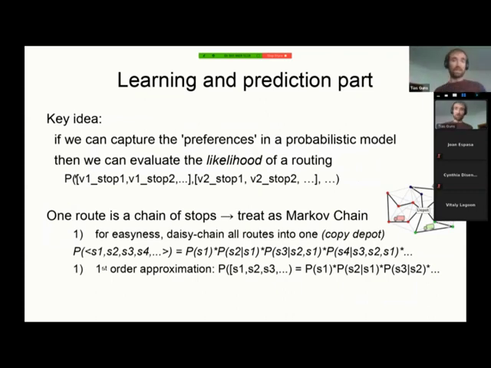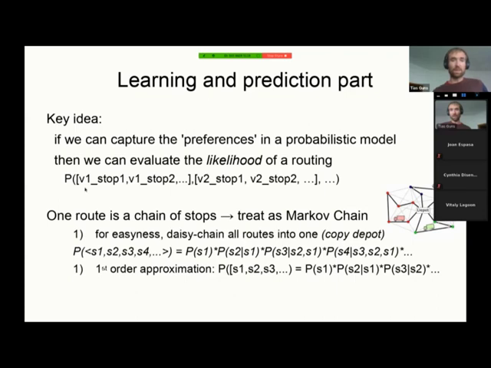Each route is a sequence of stops. If we can evaluate the probability that this routing would be a preferred routing, so how likely this routing is to be of interest to the end users, then that would be a good approach, because then we can search for the most likely routing.